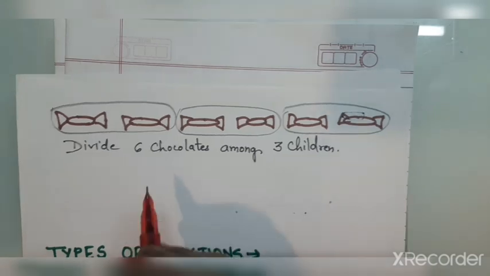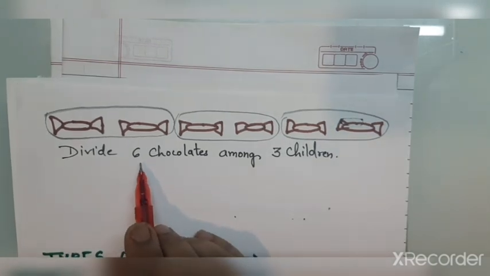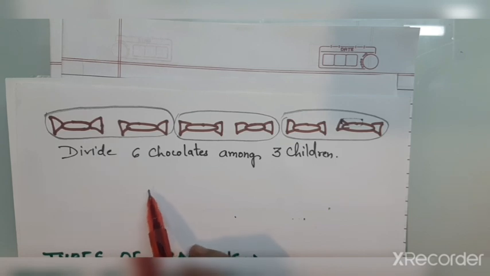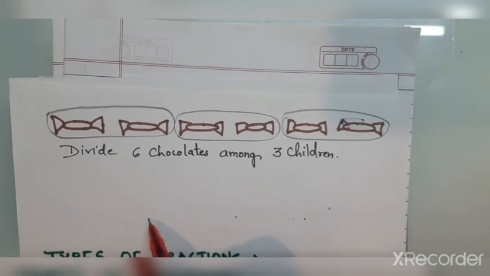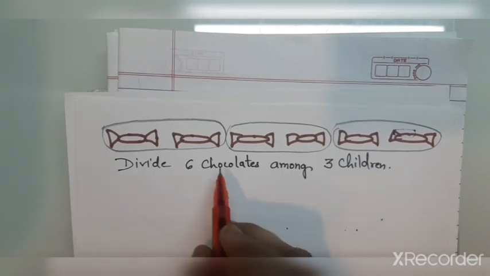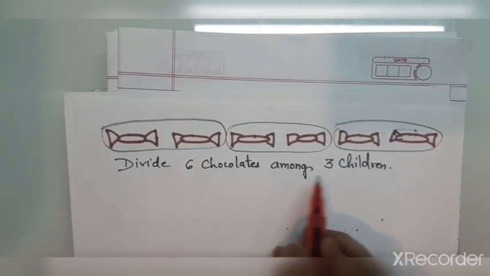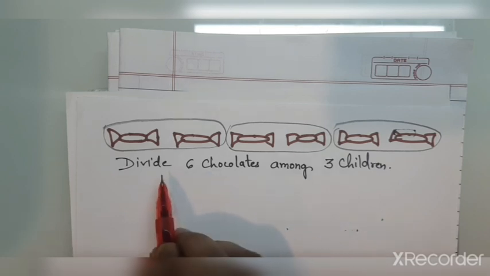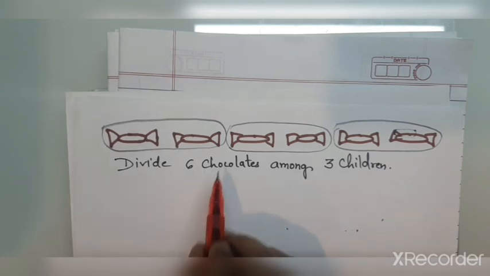Now coming back to this. As I told you, the number that has to be shared always comes in the numerator. Now if we have to write the fraction and solve this with the help of fractions, 6 chocolates we have to share.